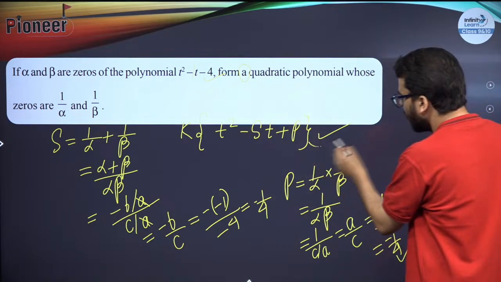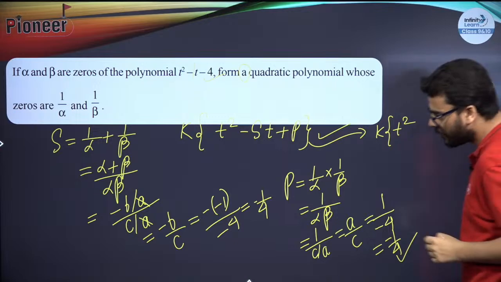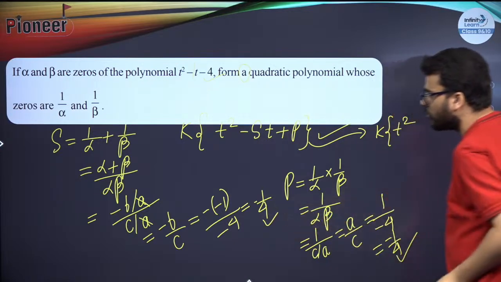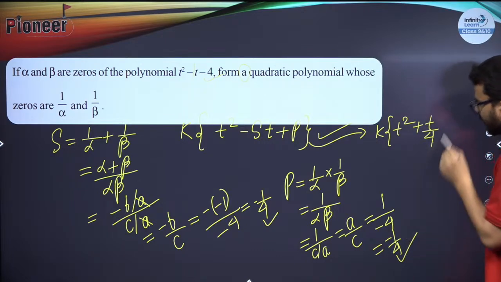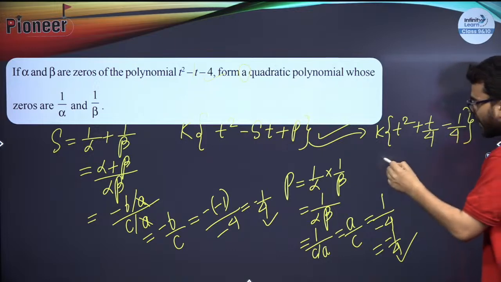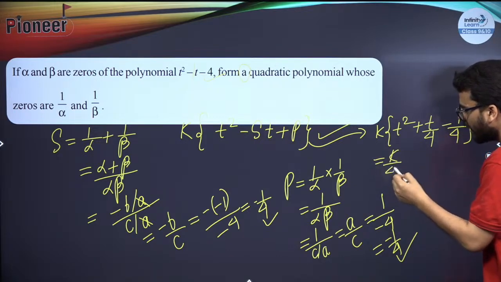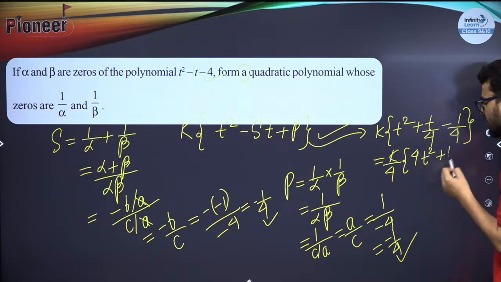So just put it over here. So that is t square minus sum of these zeros, we are getting minus 1 by 4 over here. So I'll get plus t by 4, and product is minus 1 by 4, so minus 1 by 4. So you can again simplify this thing, so you'll get k by 4 into 4t square plus t minus 1. Right?